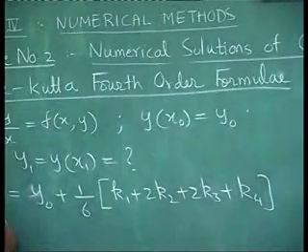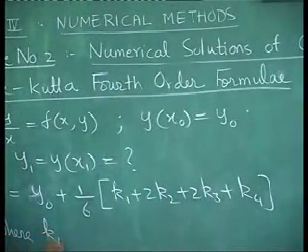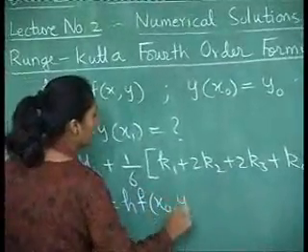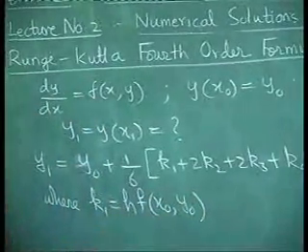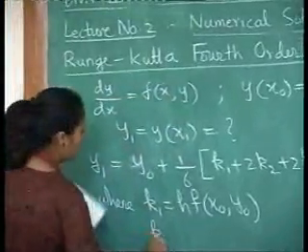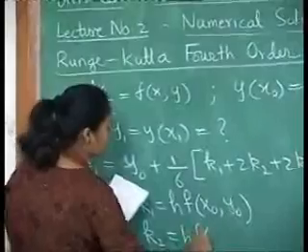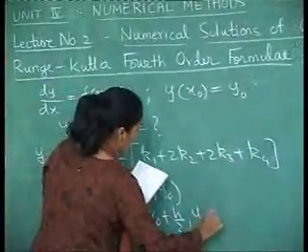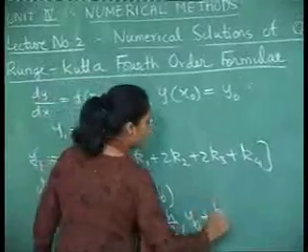where k1 is h times f of x0 y0. h is nothing but x1 minus x0. k2 is h times f of x0 plus h by 2, y0 plus k1 by 2.